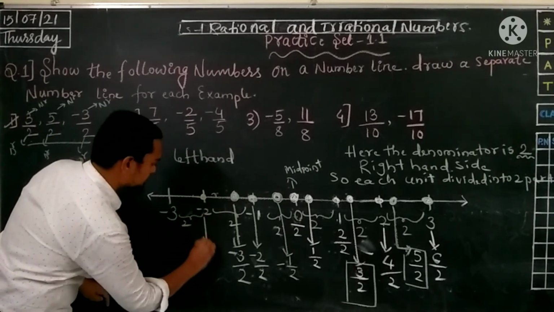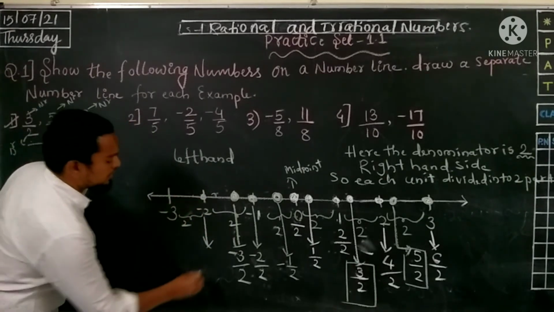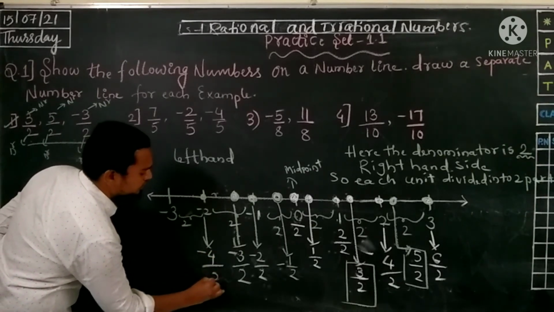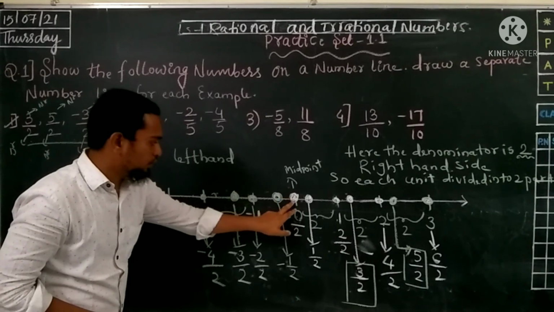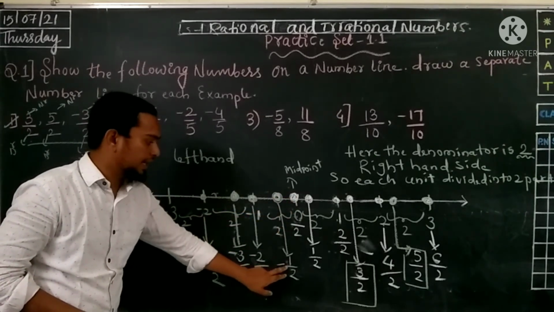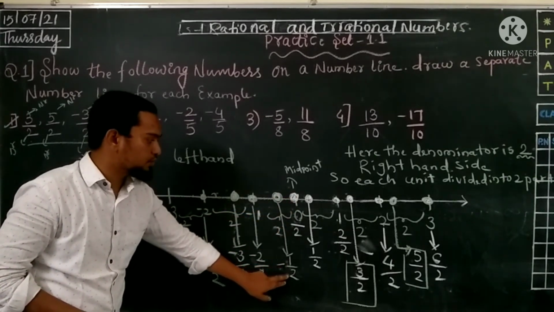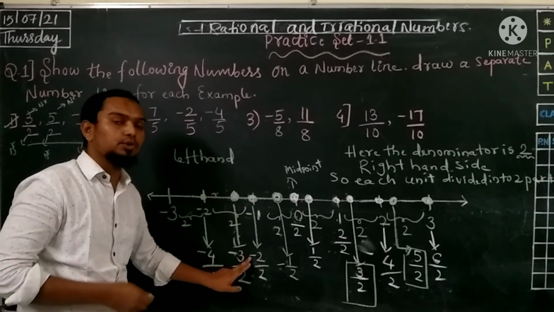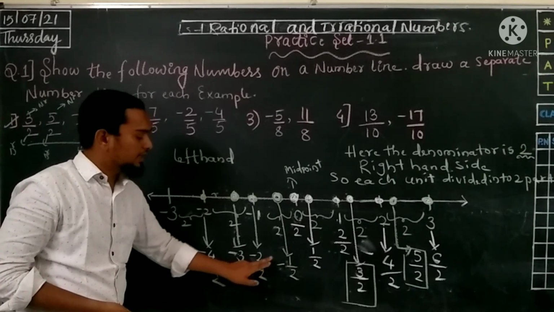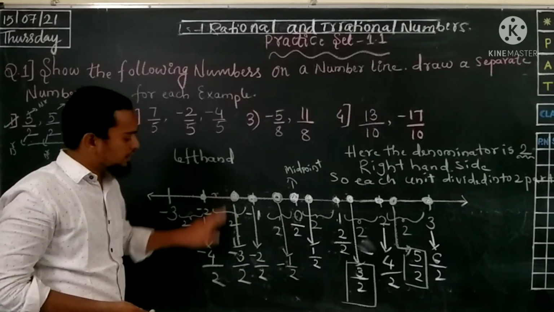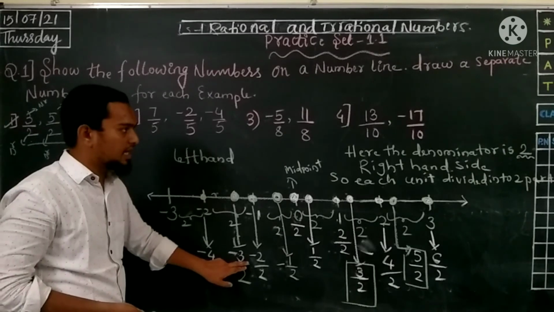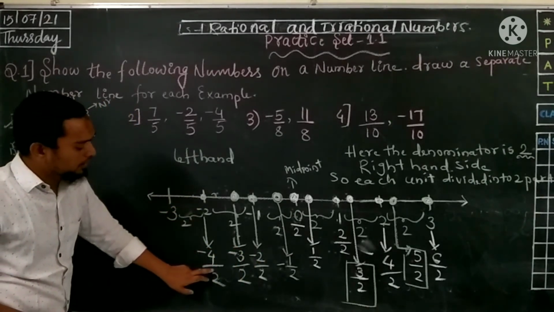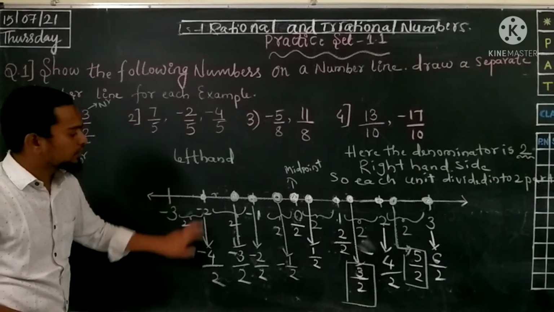Here, minus 2 point, minus 4 upon 2. We will leave 0, 1 point. This is minus 1, the denominator is 2. This is 2 point, minus 2 point, 2 units upon 2, as the denominator is given 2. Here 3 point is minus 3 as it is upon denominator 2. Here minus 4 upon 2 means the denominator is given 2.